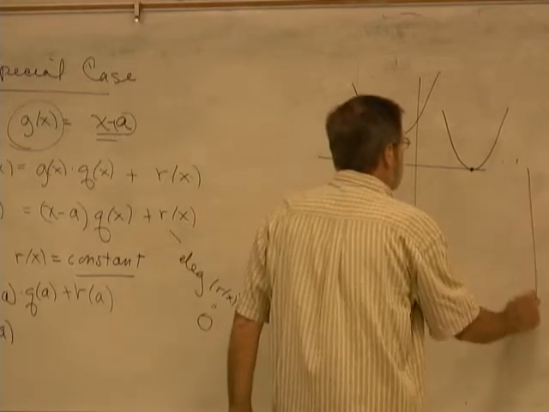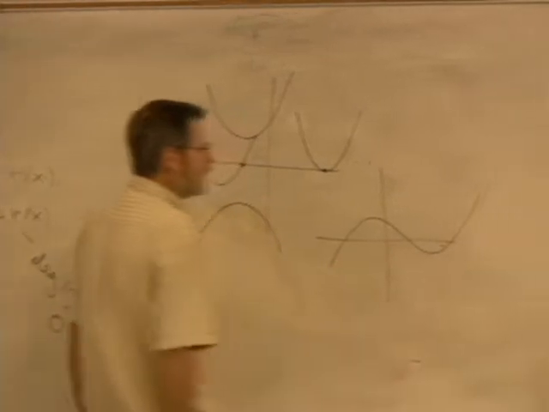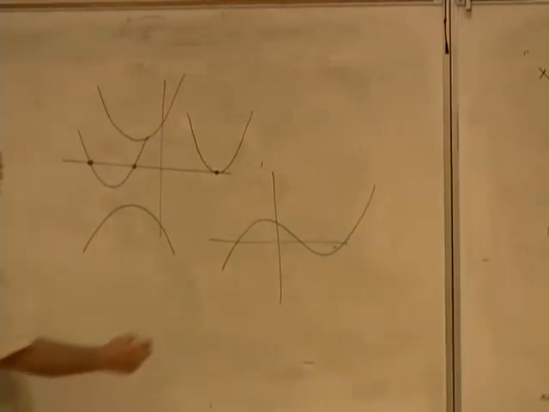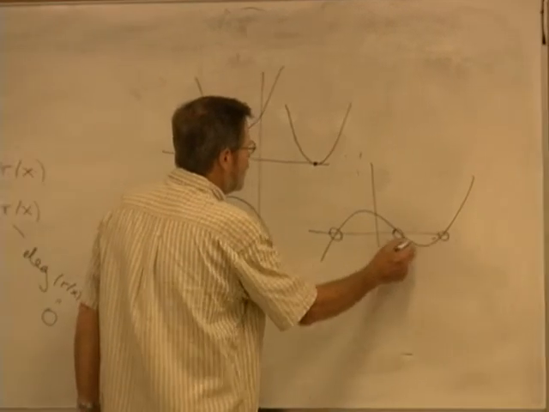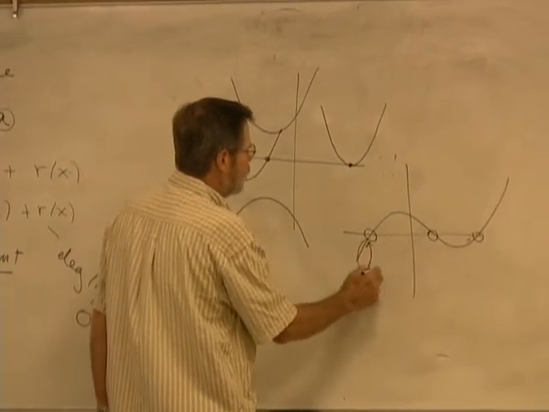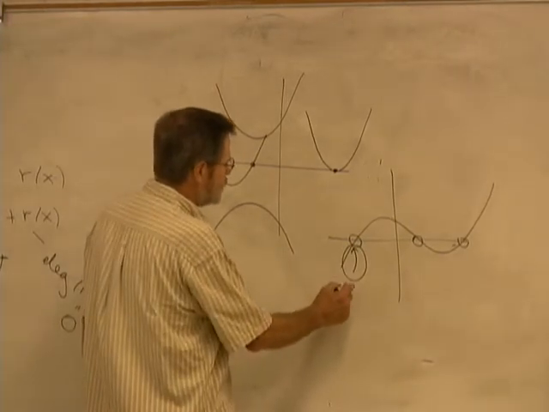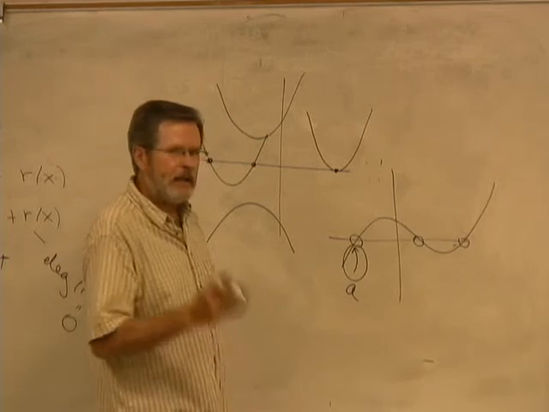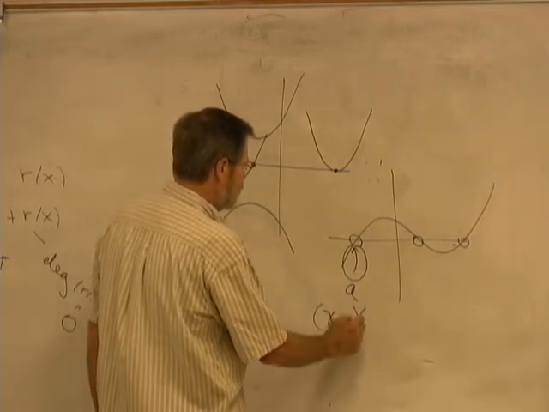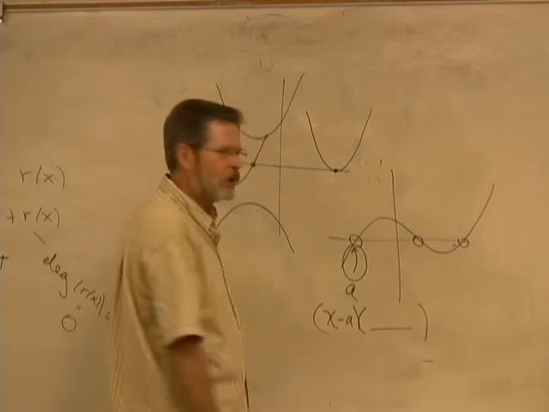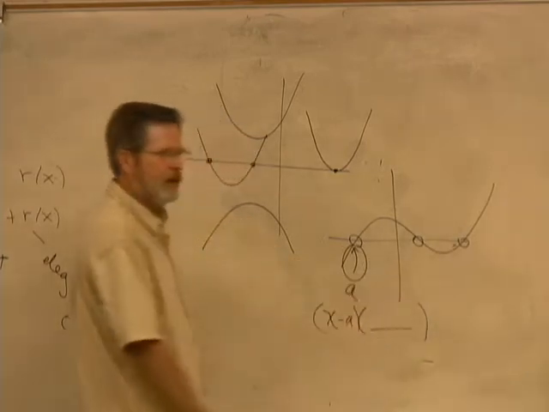In general, a polynomial of degree 3 looks like this, and can have as many as 3 roots, but they're hard to find. If I can find just one of those, and let's assume this is x equals a, then I can divide this polynomial through by x minus a and write it as x minus a times a quadratic equation and use the quadratic formula to find the other two.